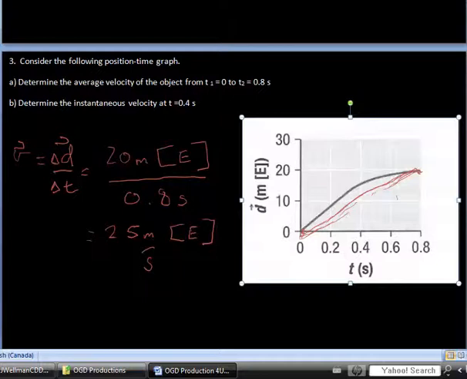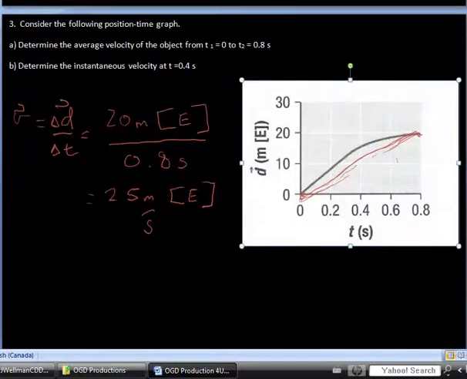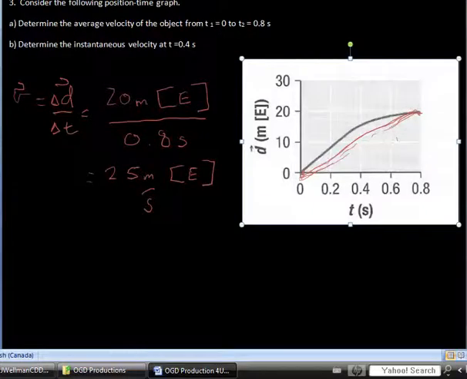Now the second part is asking for the instantaneous velocity. Well, at the instantaneous velocity, you're going to have to look at its speed at any particular one point. You cannot just throw it into a simple equation.